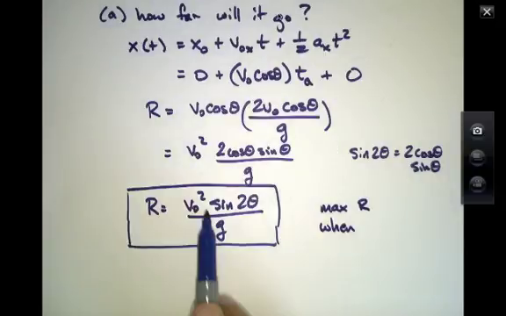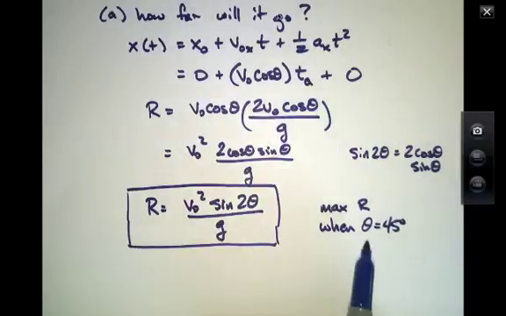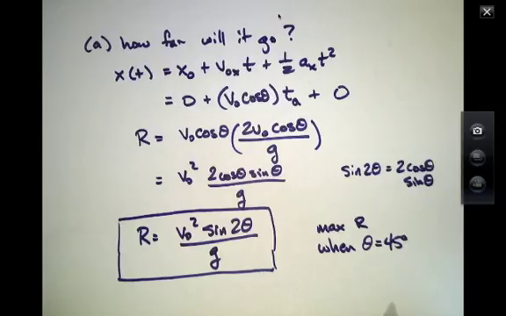This sine of an angle is always less than or equal to 1, but it equals 1 when the argument of the sine function is 90 degrees, or in other words, this theta is 45 degrees. And so football players know that if you're going to punt, you don't punt straight up and you don't punt straight forward, you put an angle of 45 degrees or something pretty close to that if you want the ball to go as far as you can.